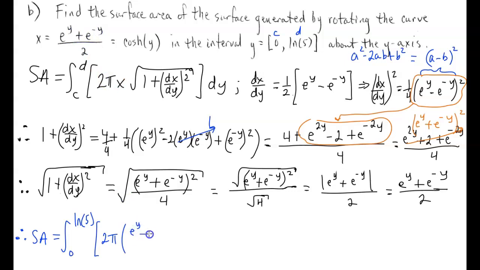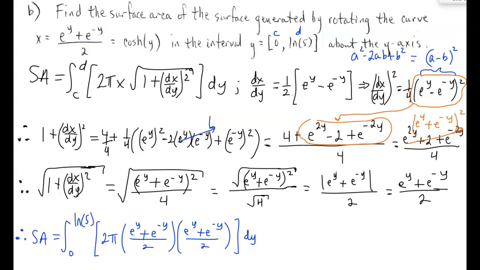And then, of course, this square root of 1 plus the derivative of x squared. All that is just going to be this e raised to the y plus e raised to the minus y divided by 2. And all that times dy.